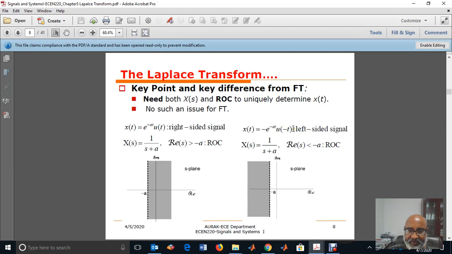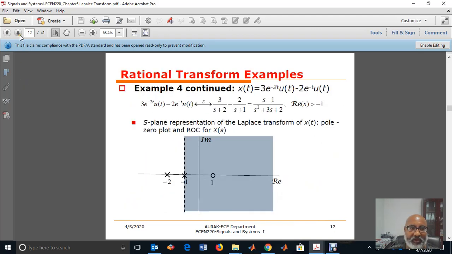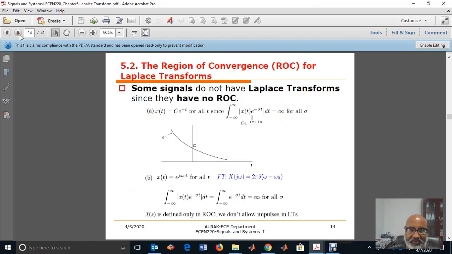This is left-sided because of u(minus t), and the region of convergence is real of s less than minus a. So what's the difference between these two is their region of convergence. Today we will further study the region of convergence and some properties of the Laplace transform.